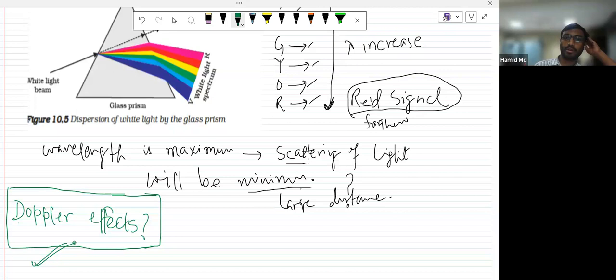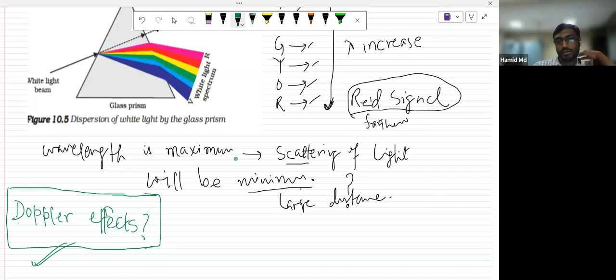Is everything okay for today's class? Sir, is it a change in the lambda during relative motion? Of course. When we are at a platform and a train is coming with a whistle, what happens? We close our ears.